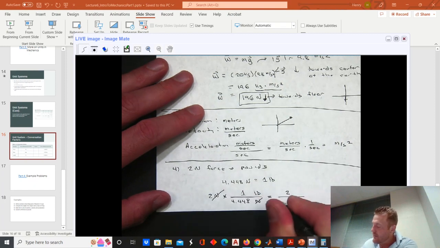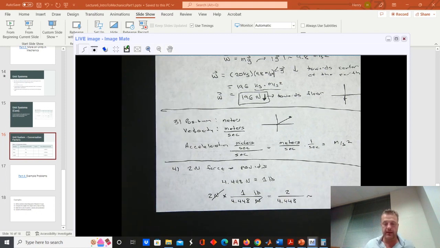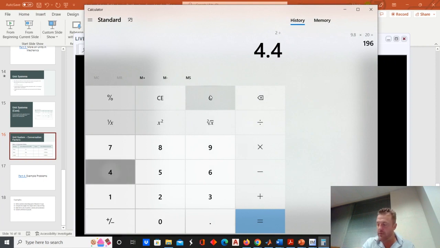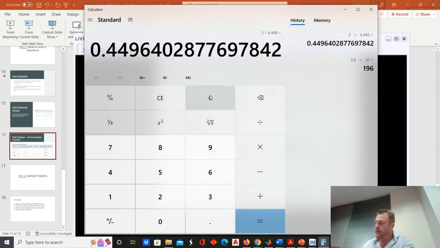And I'll just get 2 divided by 4.448, and that is going to be approximately 0.4496. I'll write it out to 4 sig figs, 0.4496. And that is going to be in units of pounds.